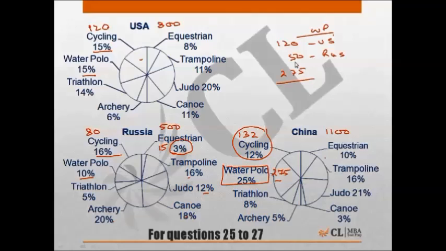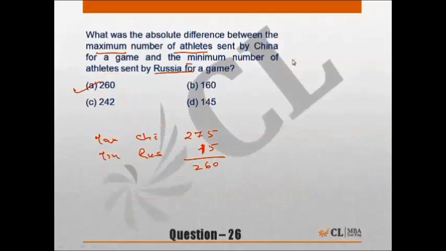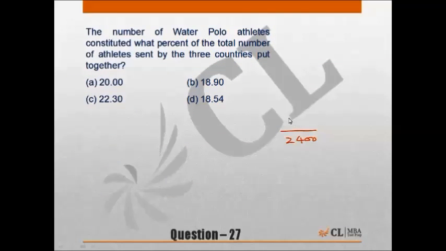Okay, so let's get the calculation done. Your answer has to be 445 upon 2400. Again, 10% is 240, 20% will be equal to 480.